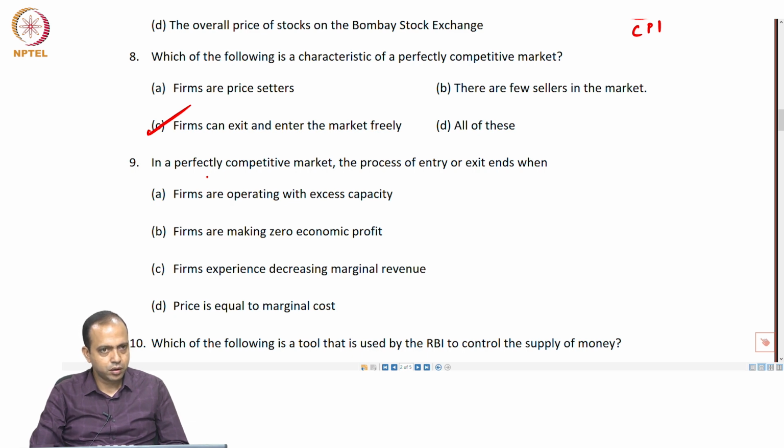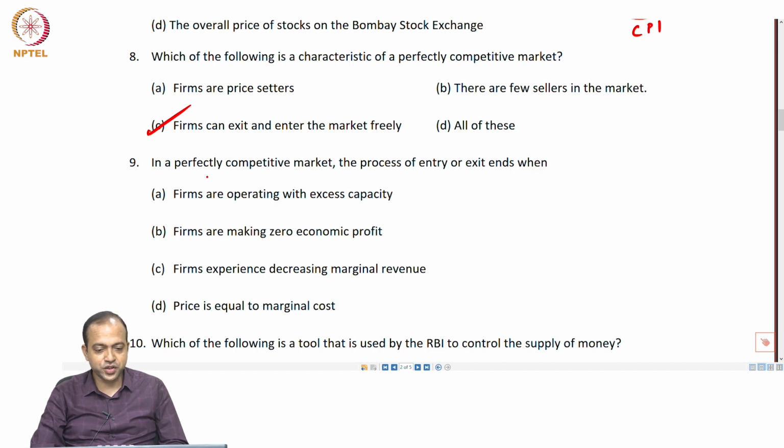Is that so? That is not the characteristic of a competitive market itself. Excess capacity is there, if you recall, in the context of a monopolistically competitive market, but not in a perfectly competitive market. Firms are making zero economic profit.